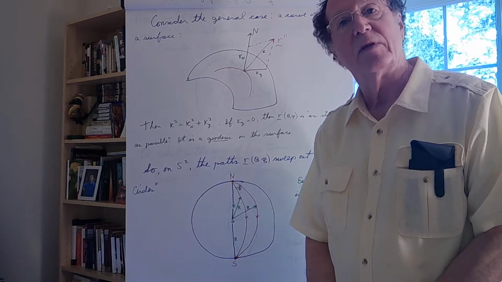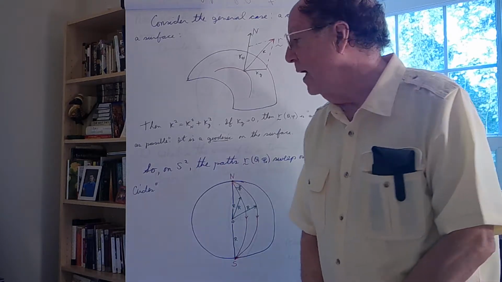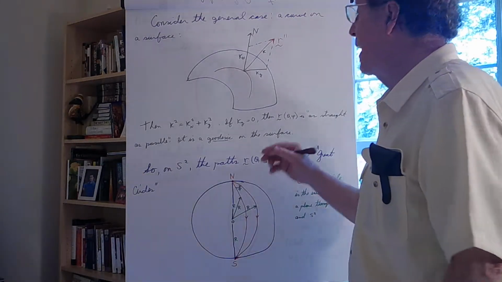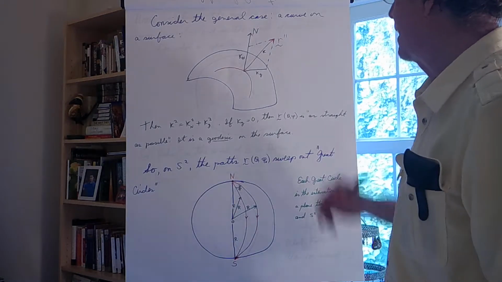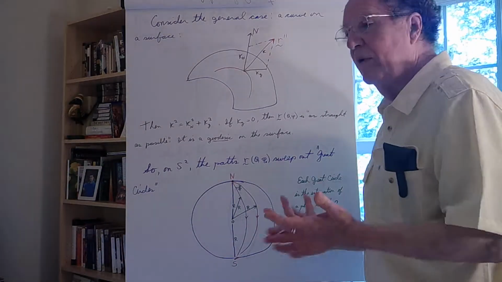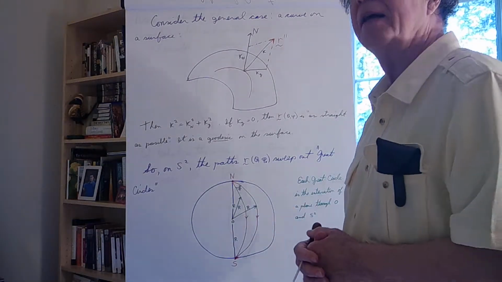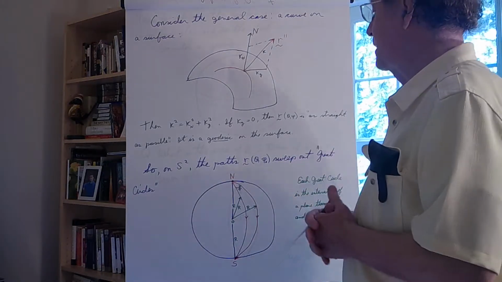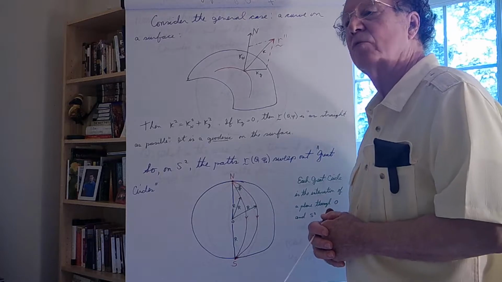The points have to be sufficiently nearby, and then the minimum distance is the same as straight as possible, that is kappa g equals 0. For a lot of our purposes, it's handier to think about it in this particular way, and so that's what my emphasis will be.